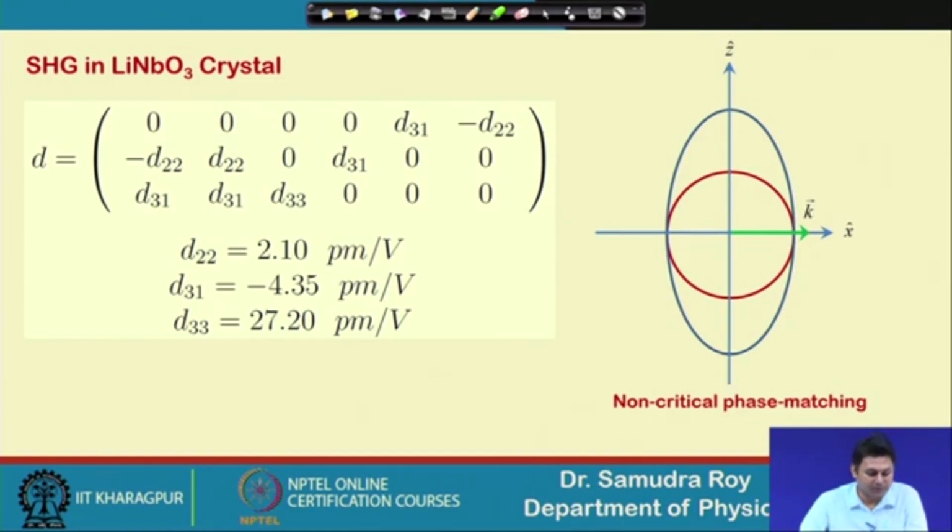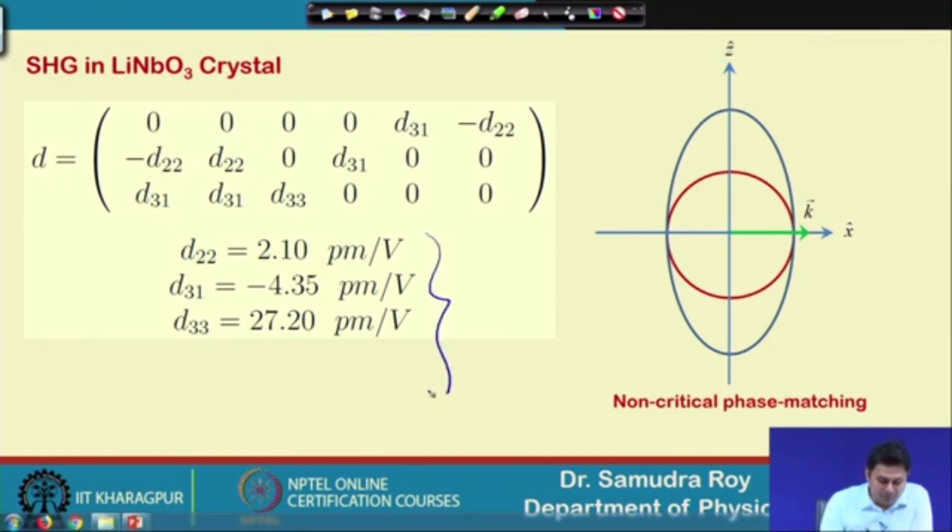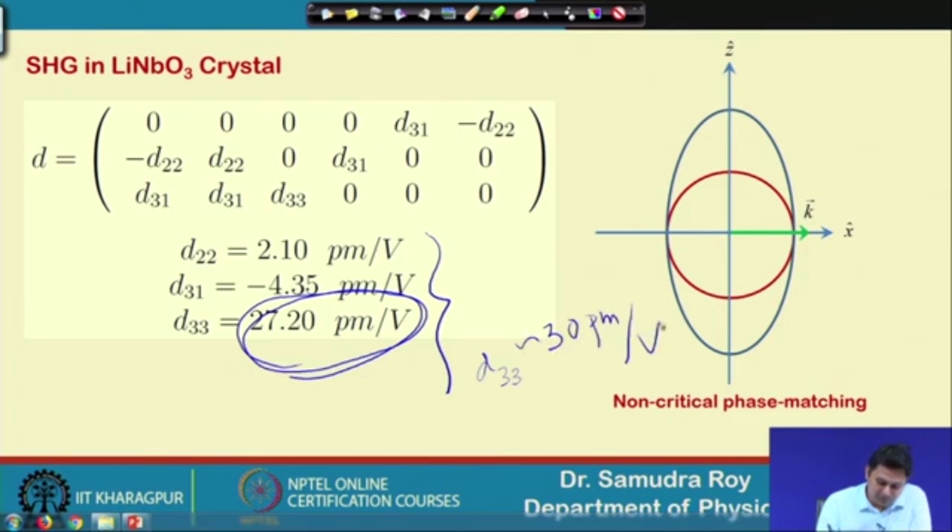we will find that a few of the d matrix components are 0 and there are a few non-zero elements, and these non-zero elements are important. Here there are 3 different elements, but most importantly we should look at d33. This is the element which has the maximum value. So what is the value of d33? d33 is of the order of 30 picometer per volt, which is really a large value compared to the other values.